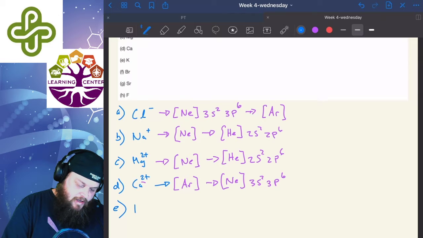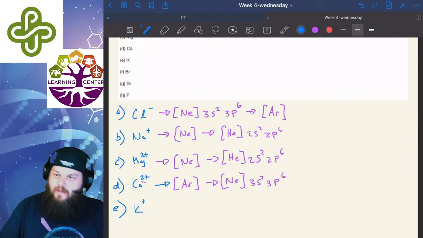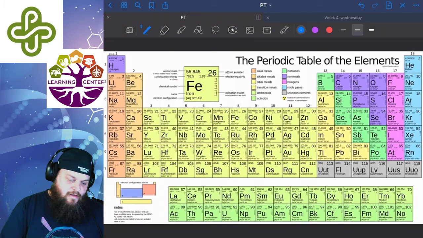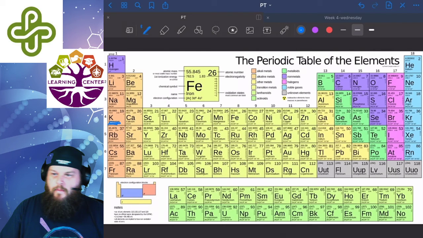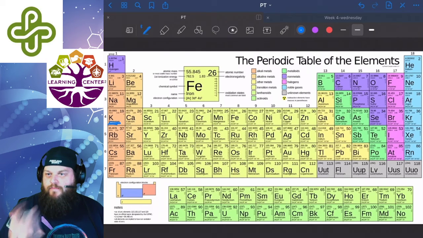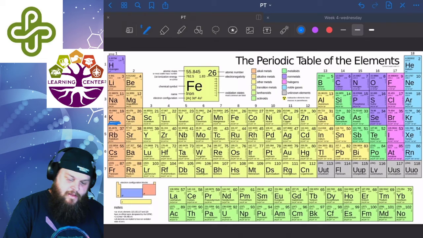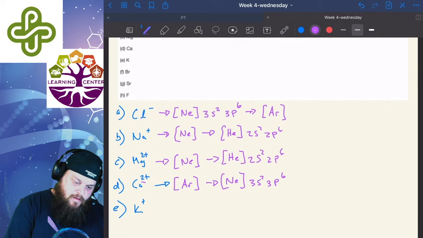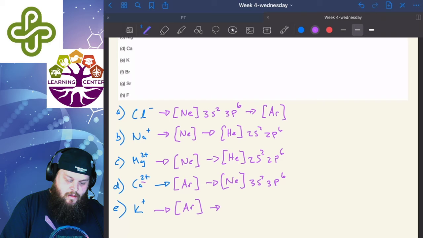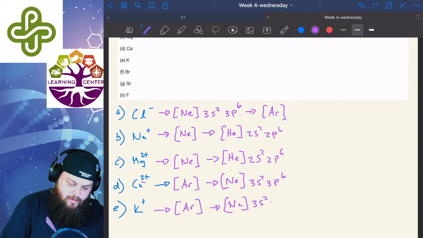E is potassium. Potassium has a +1 charge when it ionizes because it is a group 1 metal. That group 1 metal, when it ionizes, becomes basically the same as our argon core up above. So this is also going to produce an argon core, which would also be a neon core, 3s2, 3p6.